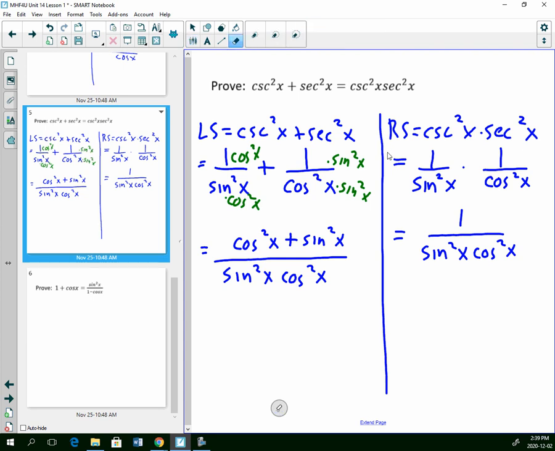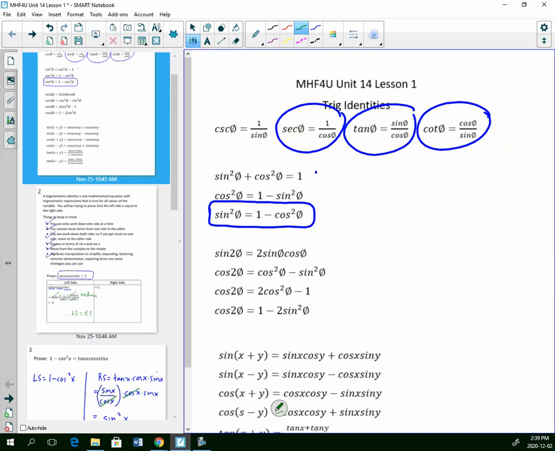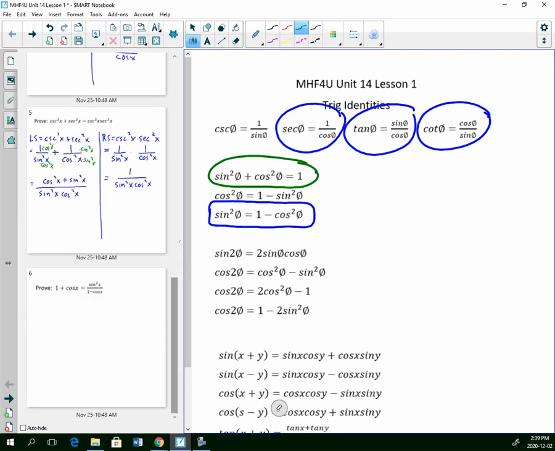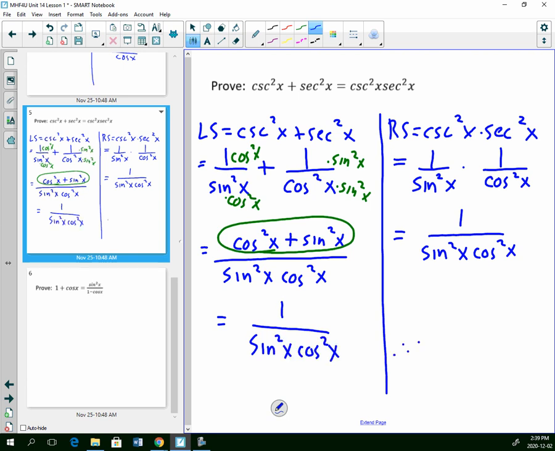But looking at my trig identities, I know that sine squared plus cos squared equals 1. So I'm going to replace this identity with a 1. So now left side equals right side.